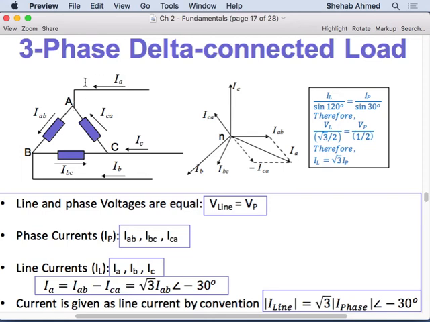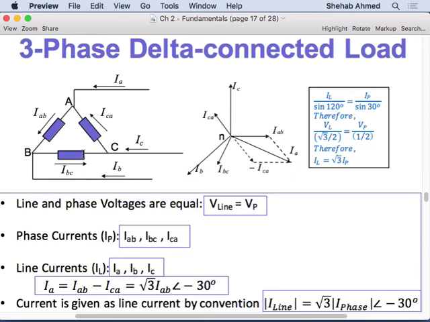So the line current IA is equal to the difference between IAB current and ICA current. It's not only the magnitude that's affected, it's also the phase, because we're talking about phasor quantities. IAB, IBC, and ICA are all 120 degrees apart as well.